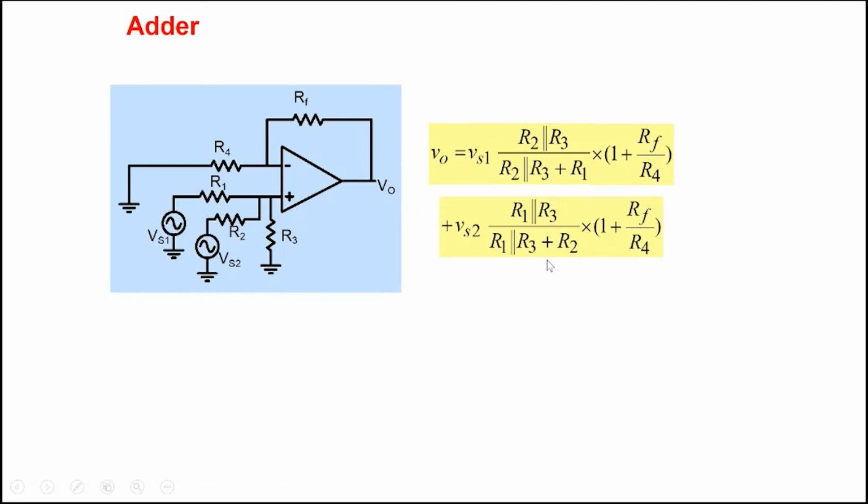Except that this particular equation is a little bit messy, and sometimes we use the words high entropy expression, entropy in the sense of disorder. So it's a highly disordered expression. I mean, it's better than the expression that we will get by mesh and nodal, but it's still a disordered expression.